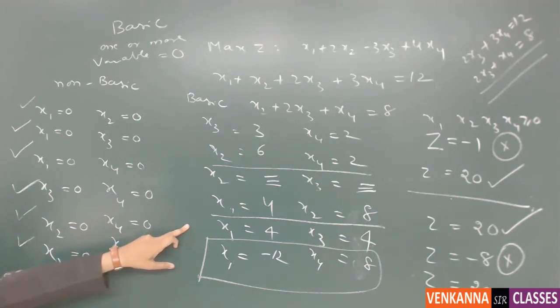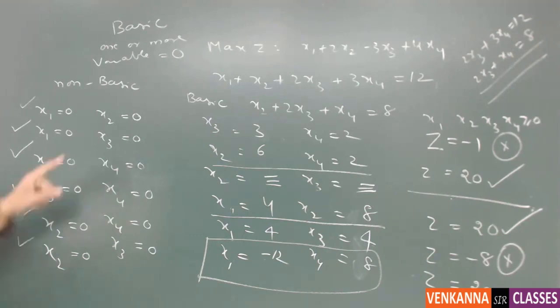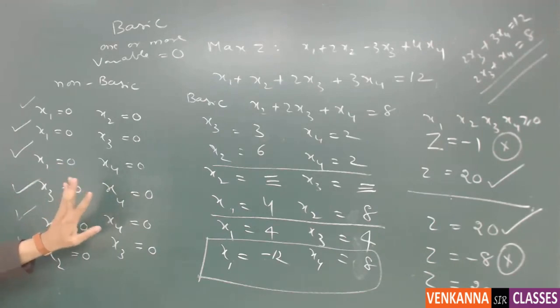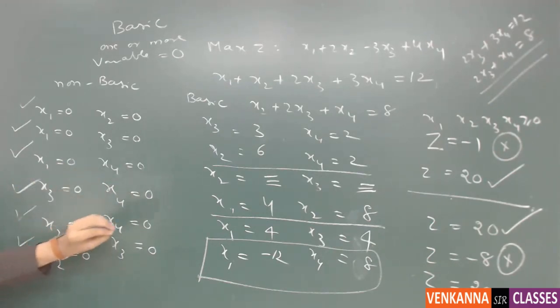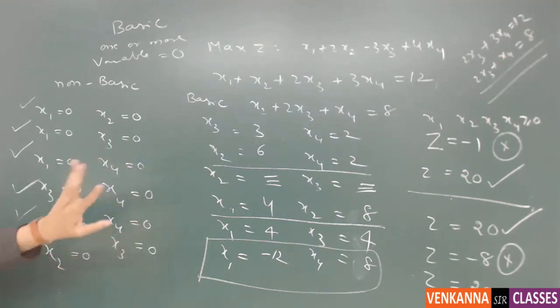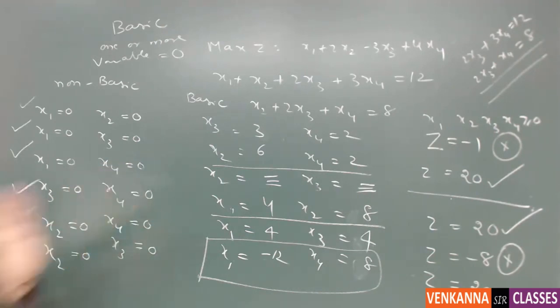Difference between feasible and optimal means, see, I have 4 variables. All the variables must satisfy the non-negative restrictions. So I will find the values of all the variables, right? So I will take the positive constraints. I mean, the solution where it is positive, all are feasible solutions. Optimal means if you check that I got z value 20, 20, 20. However, let me say z is equal to 12 for some time.